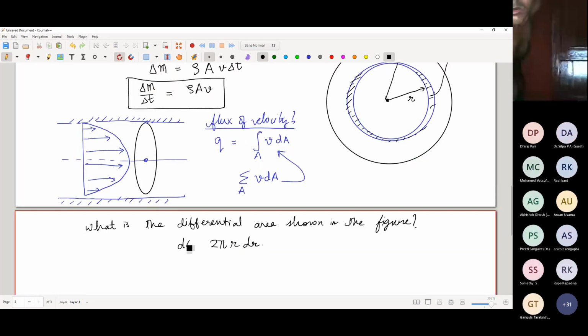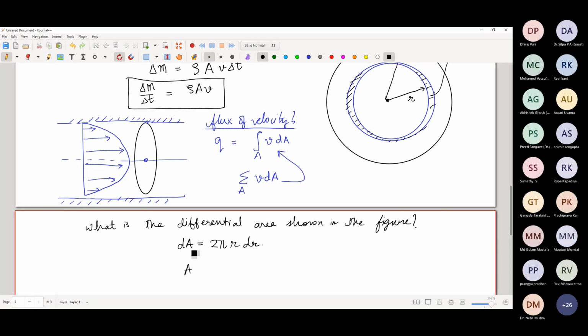So this is dA. Now the total area of the circle will be the integral of 2 pi r dr, where r varies from 0 to capital R. So this will be 2 pi r squared over 2. The 2 cancels out and it becomes pi r squared. So this is the correct answer.